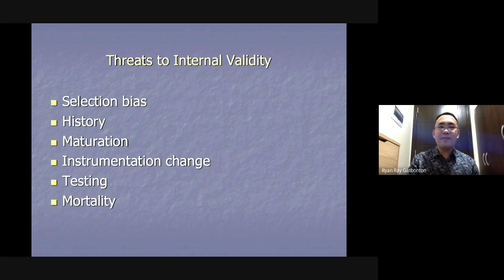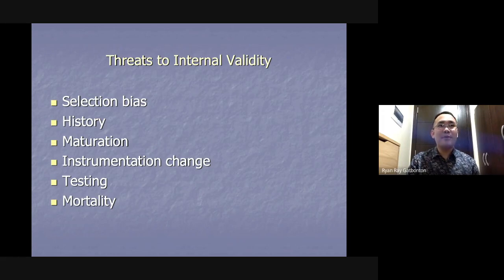So if the patient exhibits wound healing, it may not be about the healing cream that you are studying, but rather it can be caused by a maturation factor, which is your bodily mechanisms for healing wounds. So that is a threat to internal validity.